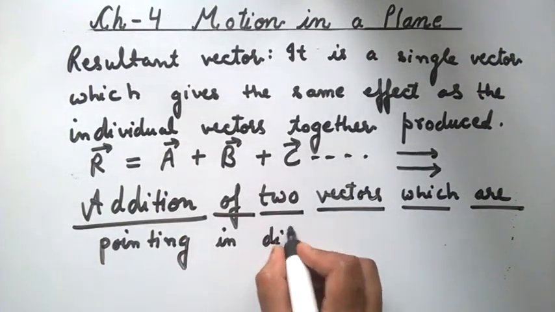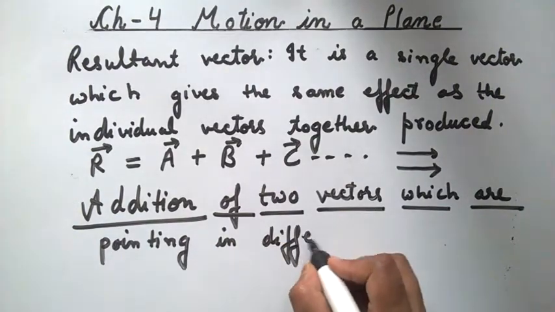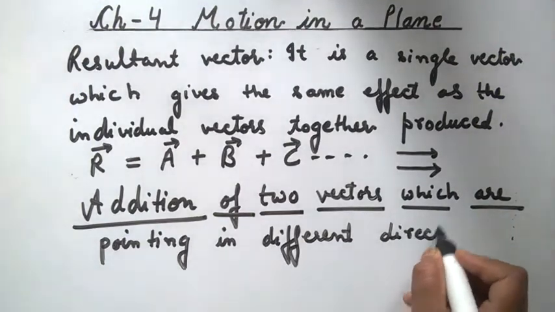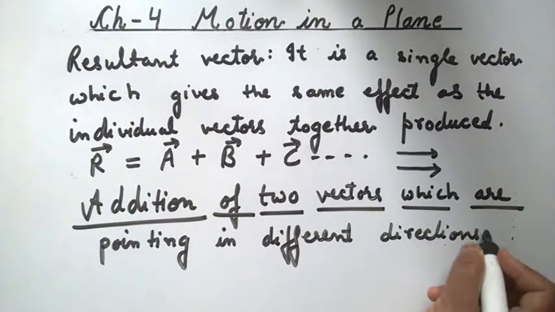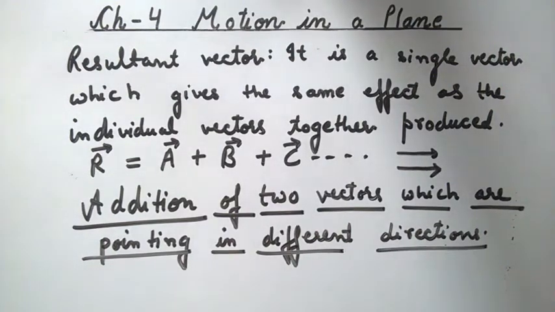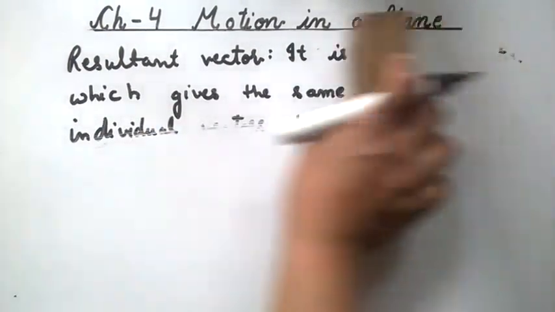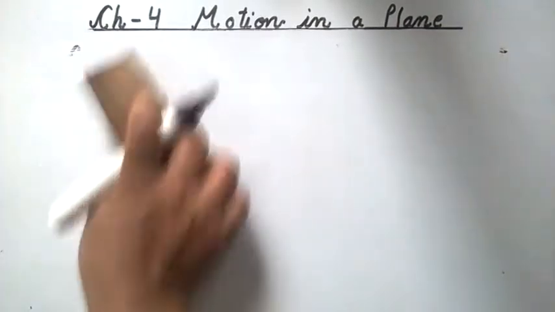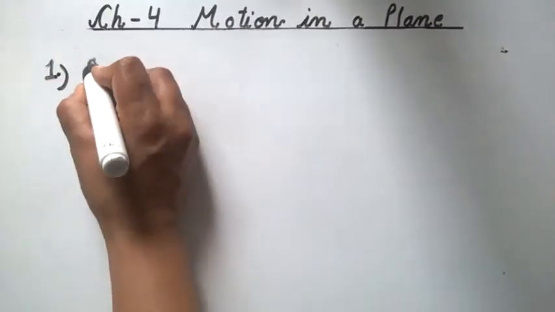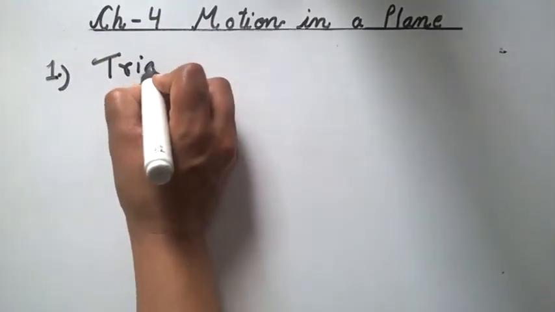There are three methods to add these types of vectors, and the important one is the triangle law of vector addition.